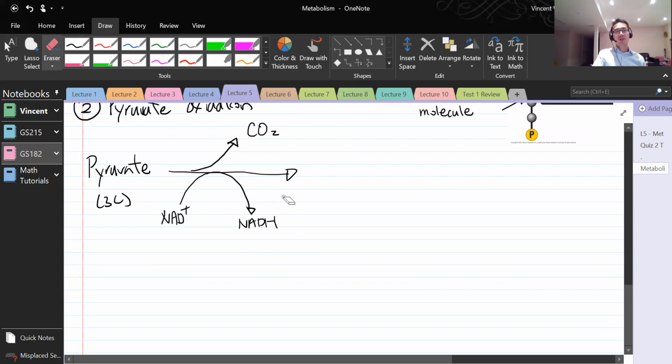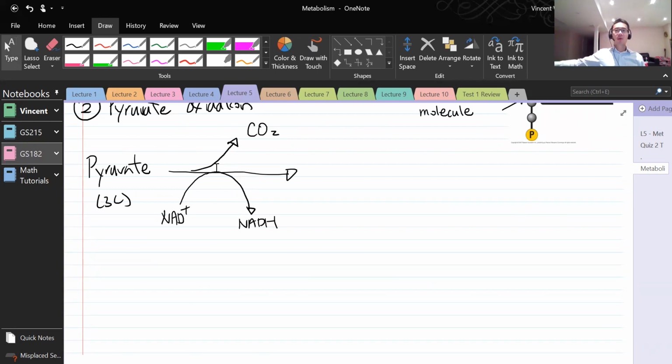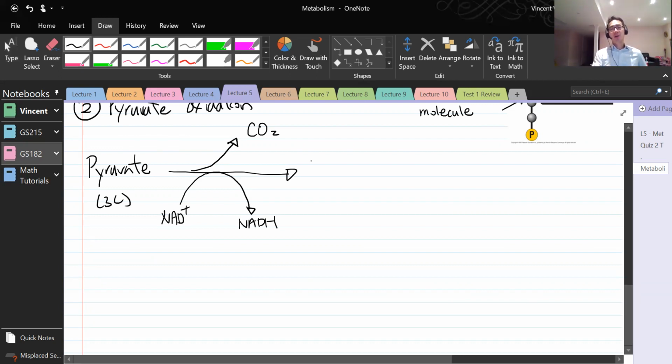Where is the NADH going to go afterwards? Let's take a moment and think about what we said earlier. The NADH, after it picks up the electron, is going to go to the ETC, the electron transport chain, the last step where it will deposit the electron so that it can make 3 ATPs, right?